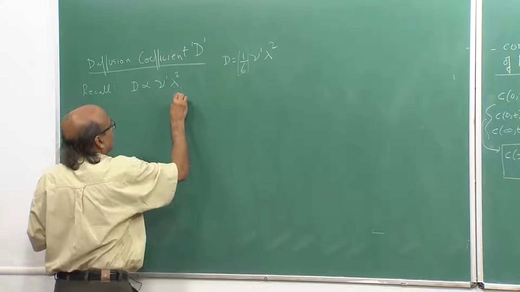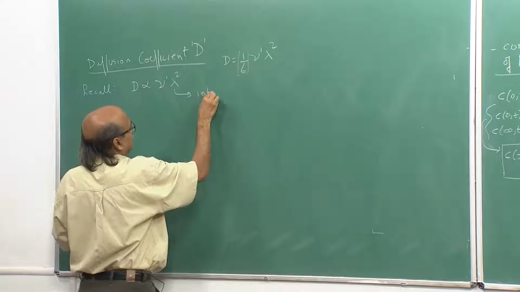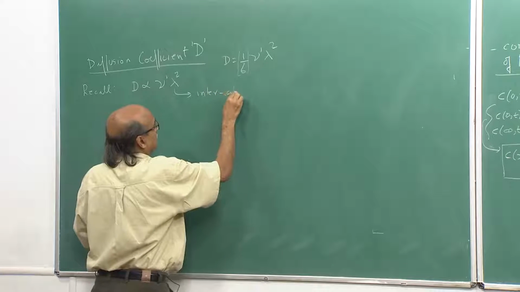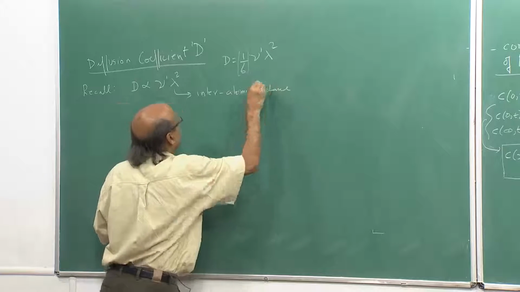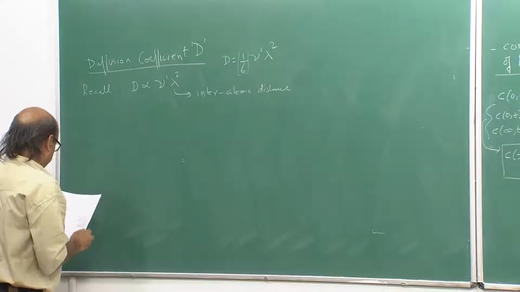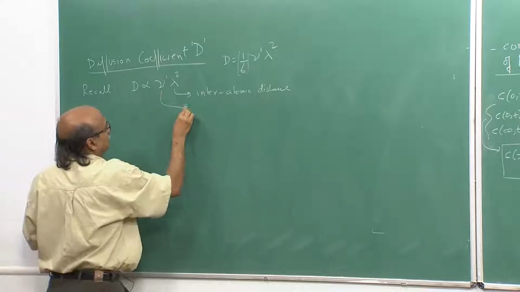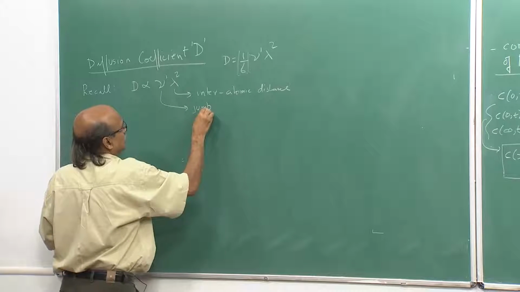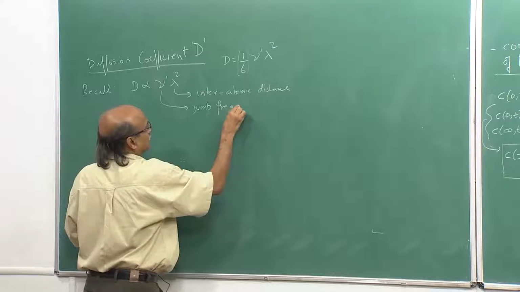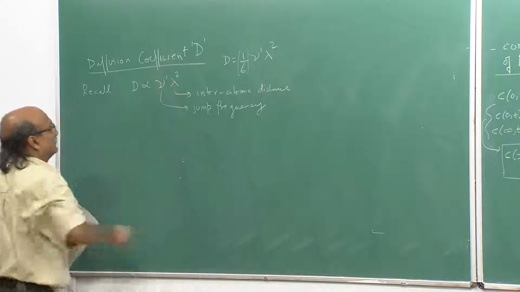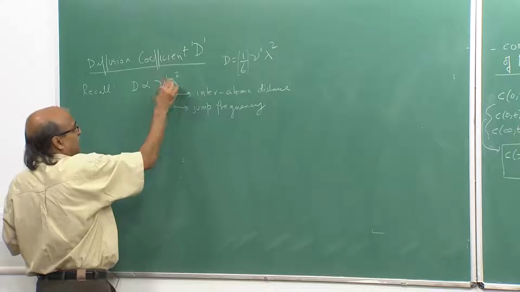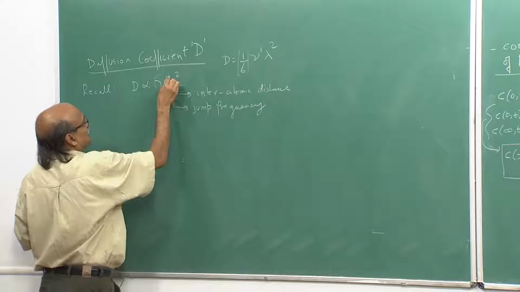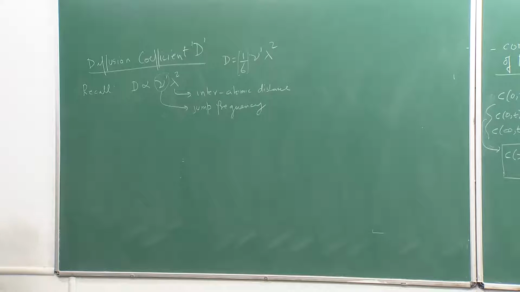Lambda I will just put as the interatomic distance for the jump, and nu prime is the jump frequency per second. So, this is clear. Now, let us explore nu prime, the jump frequency. What is it going to depend on?